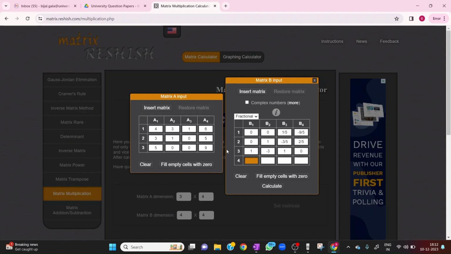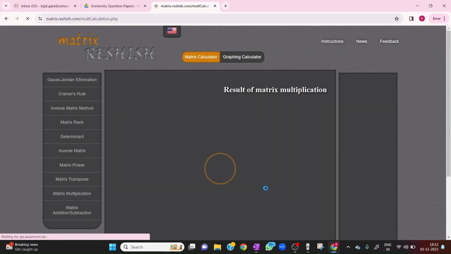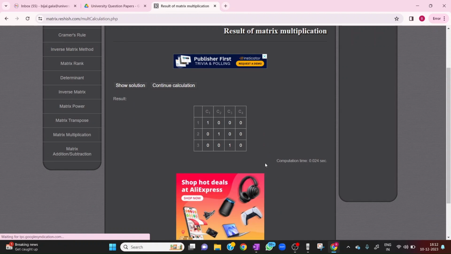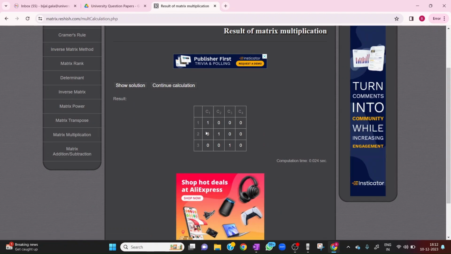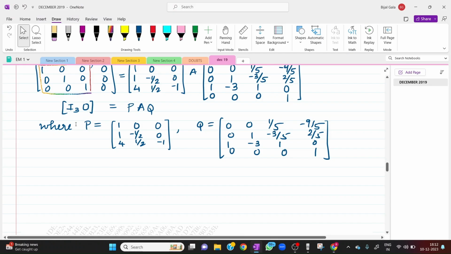And 0, 0, 0, 1. Okay, let's calculate the multiplication. Now observe what we got here is I3 with zeros, your left-hand side.